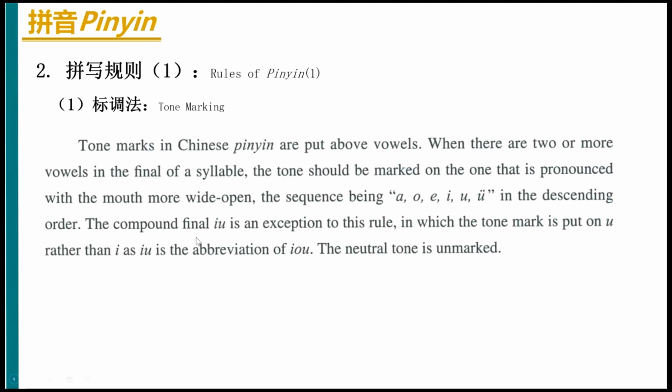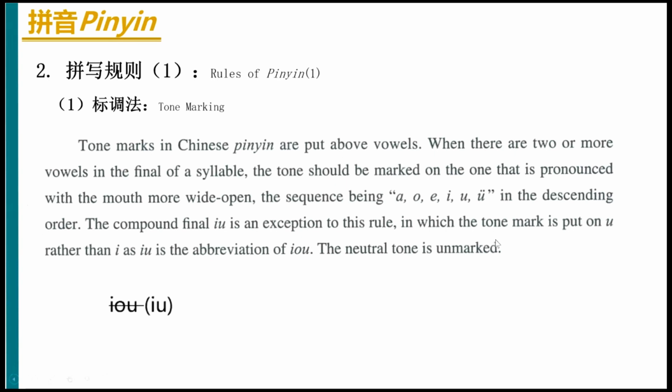The compound final iu is an exception to this rule. So for thousands of Chinese syllables, they all bear this same rule in this sequence, but only this iu is an exception.